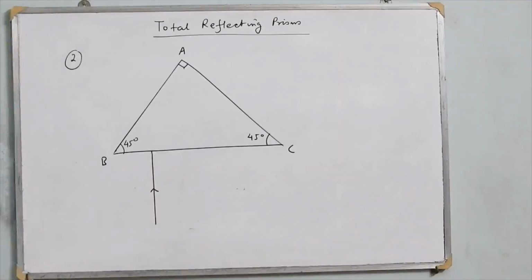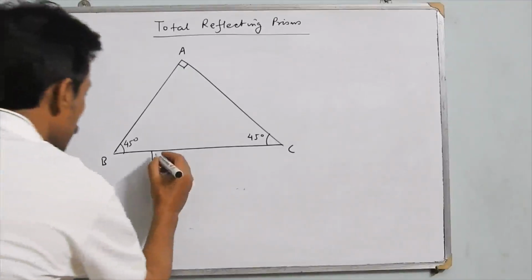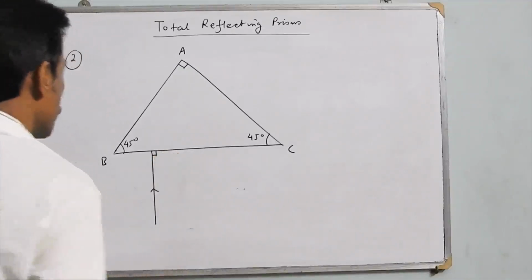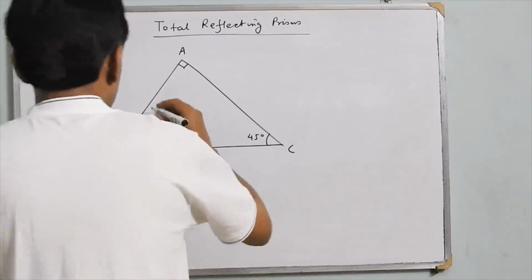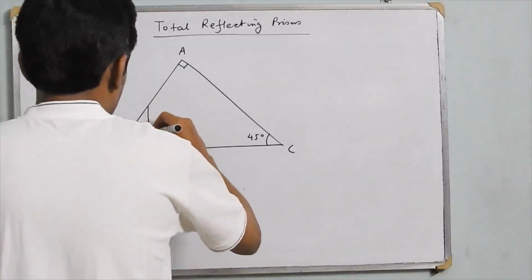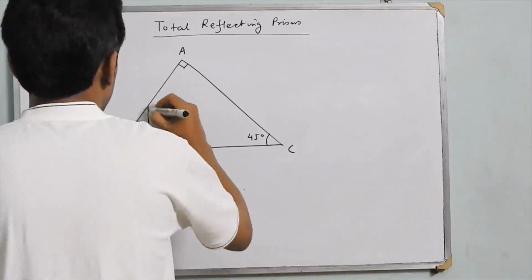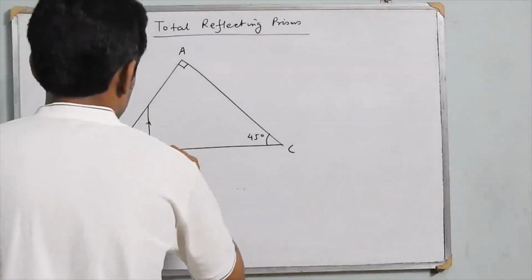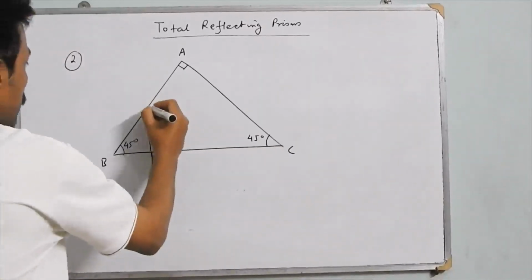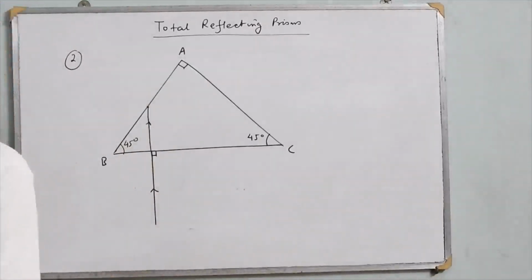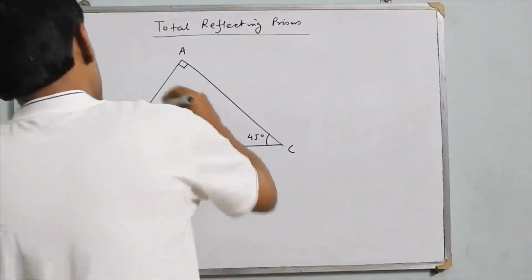Because the ray of light is perpendicular, it will not deviate, it will follow its path. And suppose this ray, after following its path, is incident at some point on the surface AB. At that point we can draw a normal.